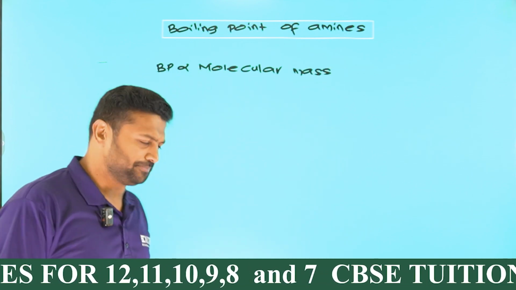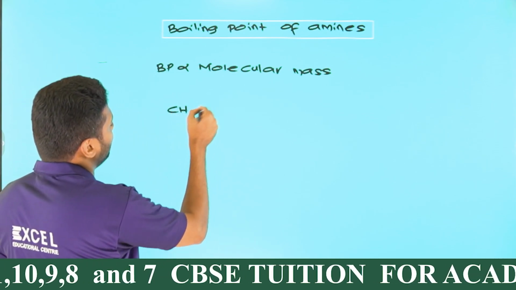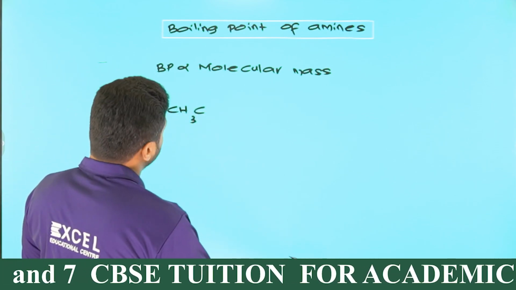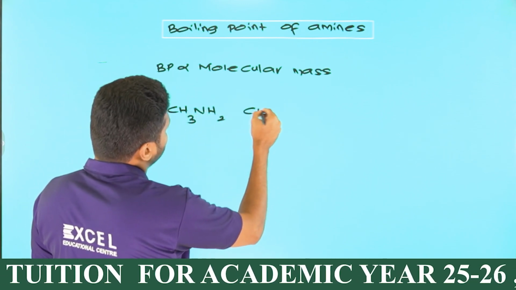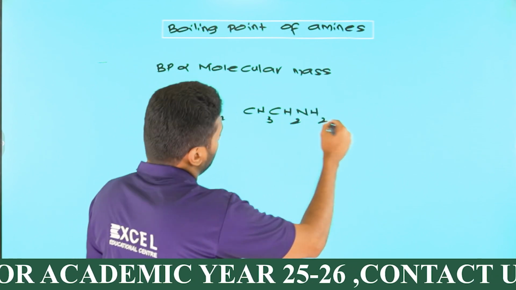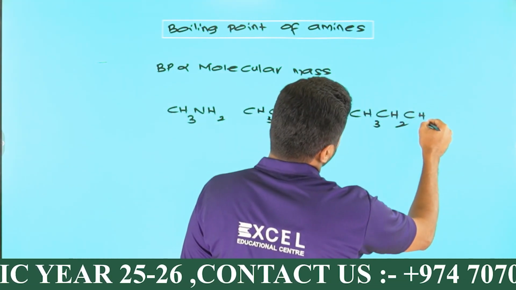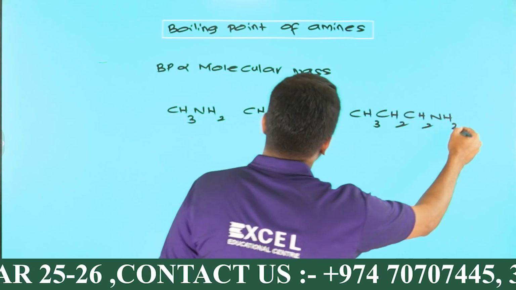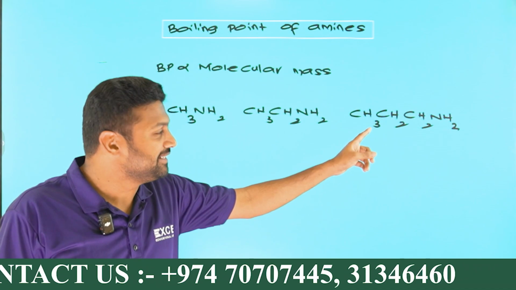For example, imagine amines: CH3NH2, CH3CH2NH2, or CH3CH2CH2NH2. Here one carbon, here two carbon, here three carbon.